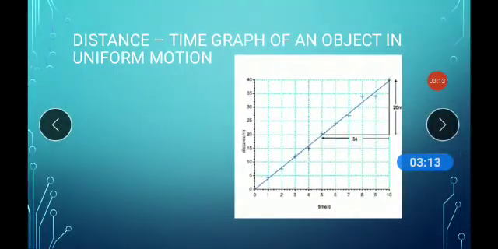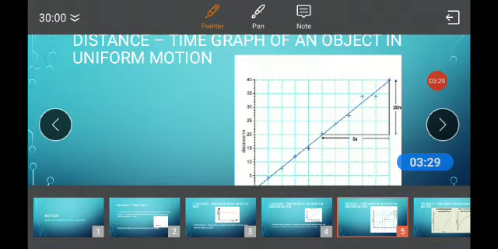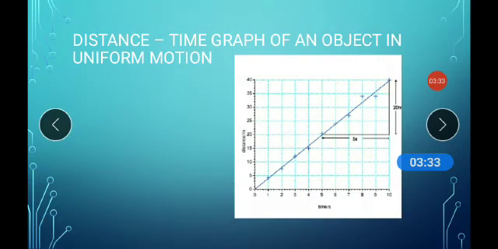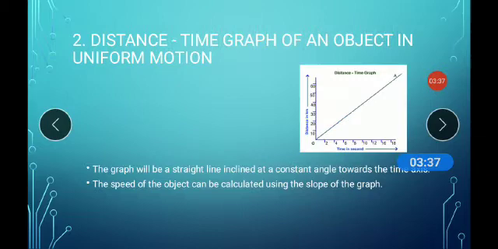You can see that. And if we are getting a triangle like this, we call it the slope of the graph. And we can calculate the speed of the object by calculating this slope. That means we are dividing the difference in distance by the difference in time interval. And we will get the slope of the graph, which will be the speed of the object in uniform motion.